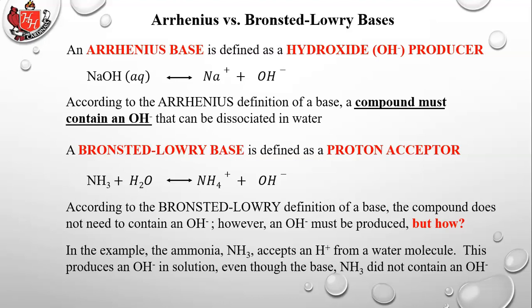This produces an OH minus in solution, even though the base, NH3, did not contain an OH minus. So basically, a Bronsted-Lowry base creates OH minus not by carrying it into the solution itself, but by stripping away the proton from a water molecule and leaving the water molecule as OH minus, a hydroxide ion.